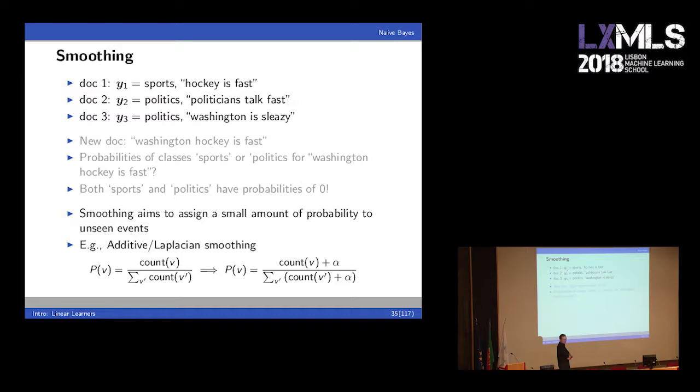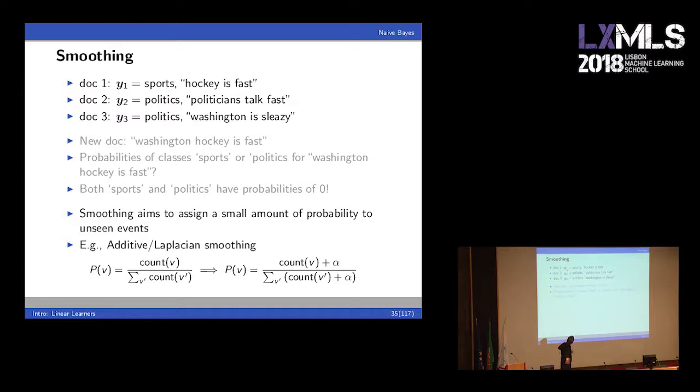Well, no, I don't think that's right. So how is the model computed? It takes the relative frequencies and multiplies them, right? So what happens to a word, a feature, that has never been seen in the training data?